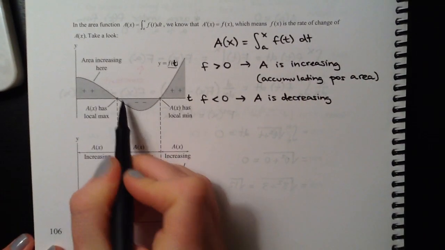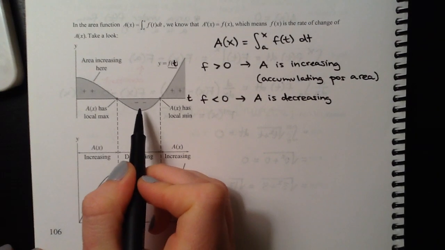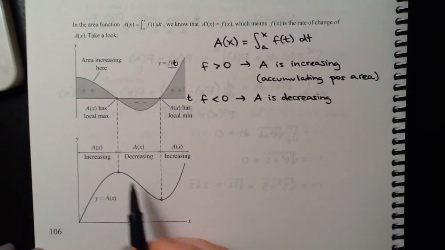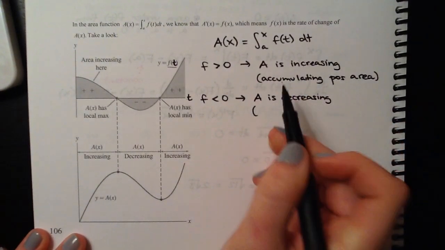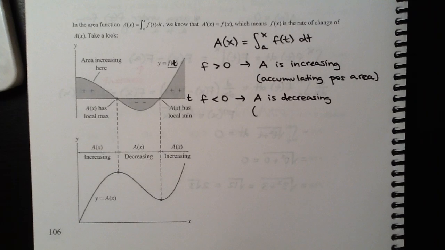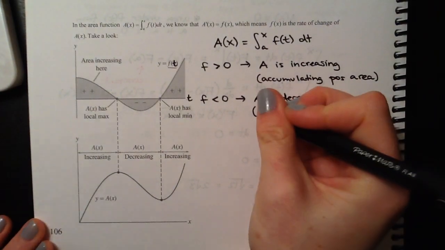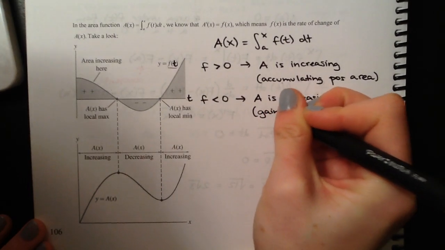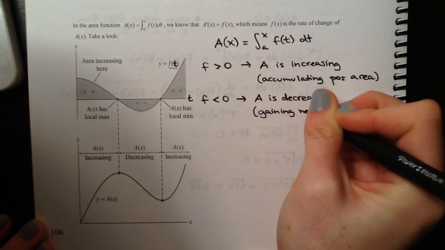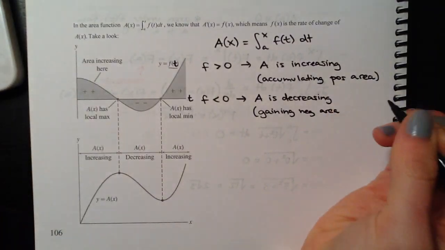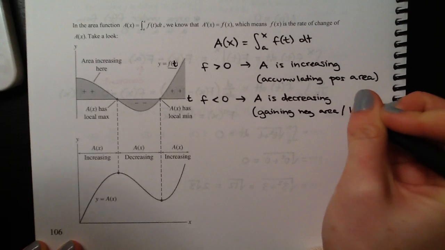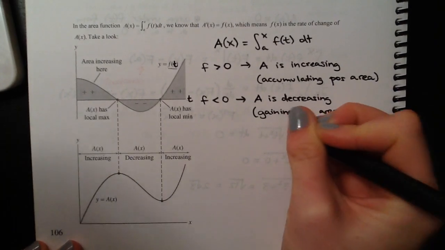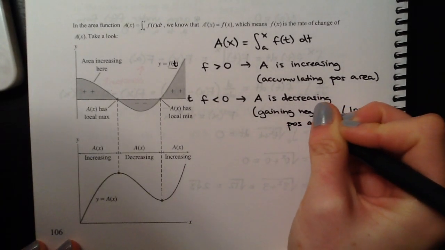Okay, so like this piece of the graph right here, my function is below the x-axis, and when I compare that to my area function, the area is decreasing. So two different ways that you could think about that, similar to what I wrote in parentheses here. You could either think of your function as gaining negative area, and that would make you decrease, or you could think of it as losing area, like losing positive area.